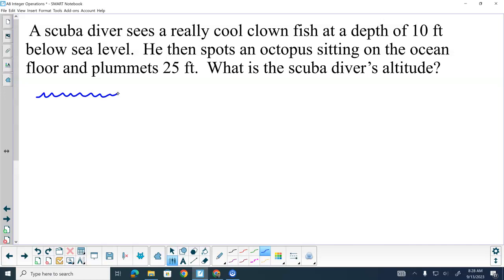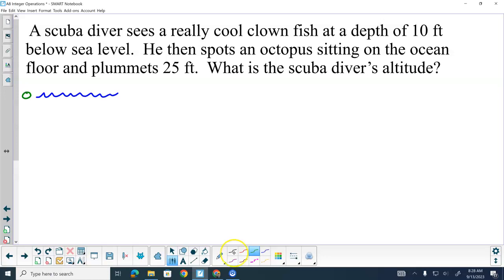Below. So if we think of the ocean as 0, like have you ever heard altitude, sea level, it's always 10 feet above sea level, 50 feet below sea level, etc. So the surface of the ocean would be 0.